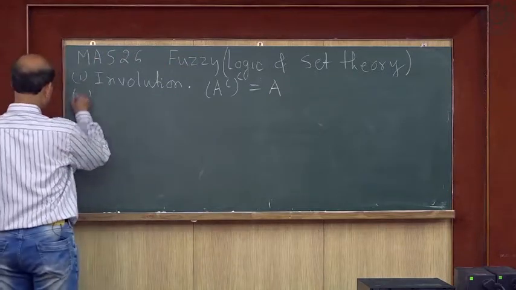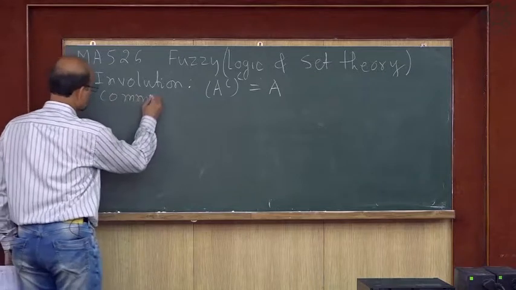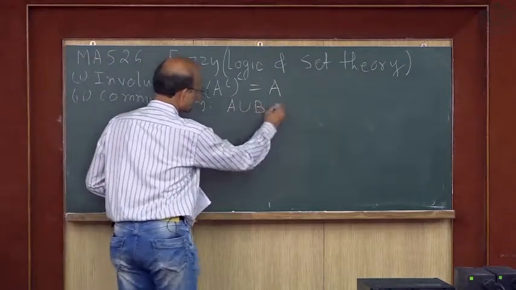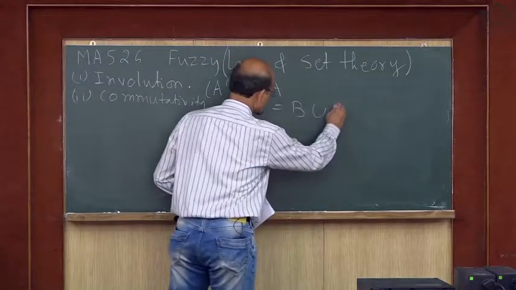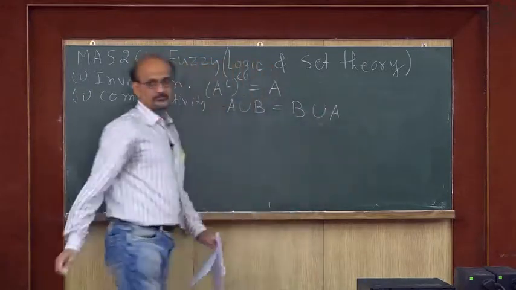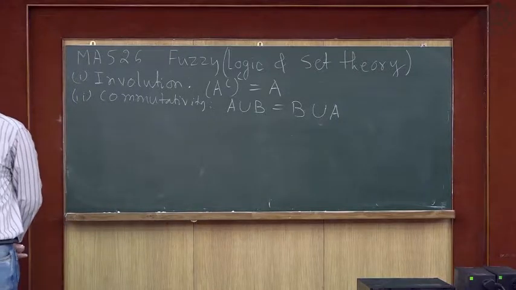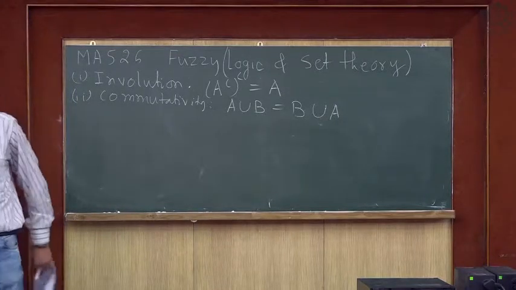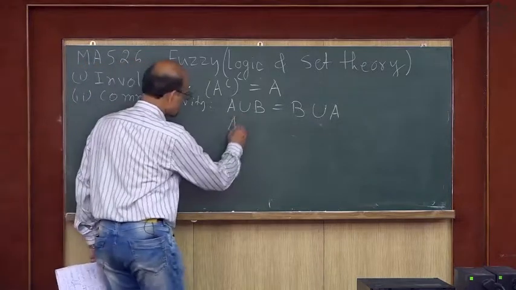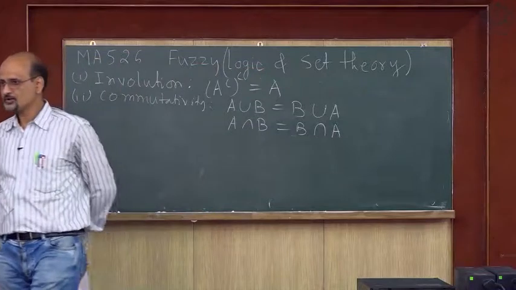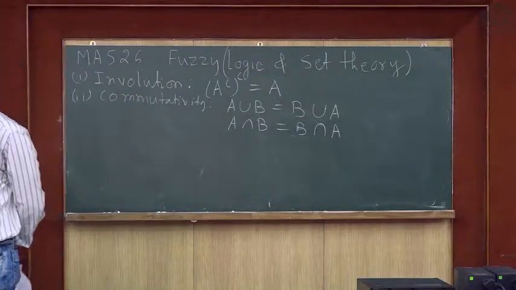Second is commutativity, that you know, A union B is B union A, or A intersection B also. What do you mean by this commutativity?